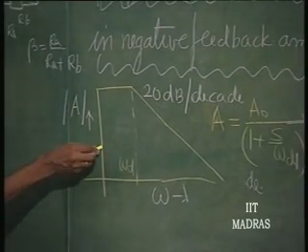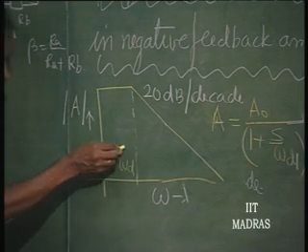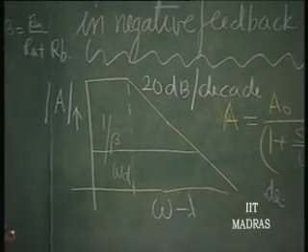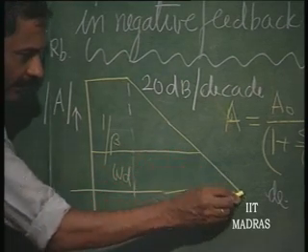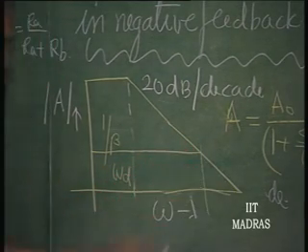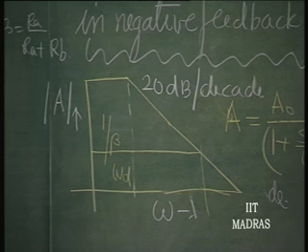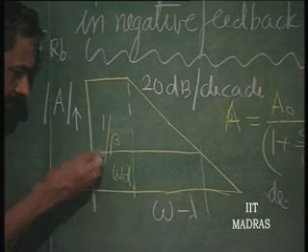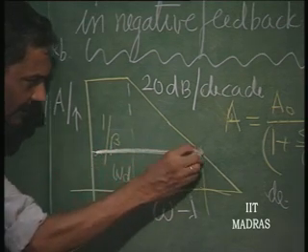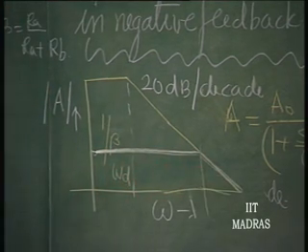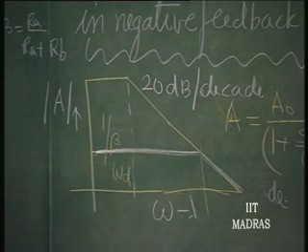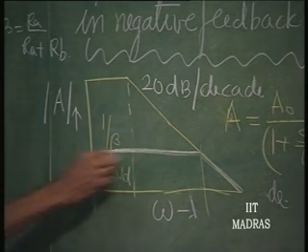When you gave feedback, the gain got decreased to 1 over beta, but bandwidth got increased. This is the new bandwidth, such that the gain into bandwidth remains a constant. This is what has happened with the first order system. Its frequency response is this. This was the frequency response of the open loop amplifier, and this is the frequency response with feedback.